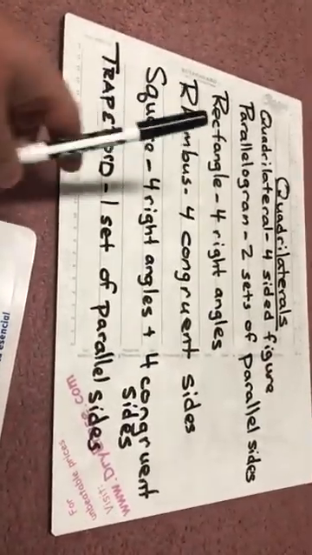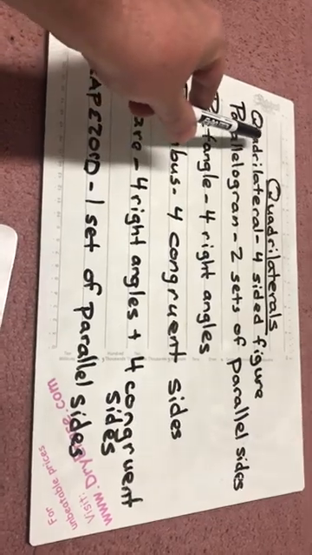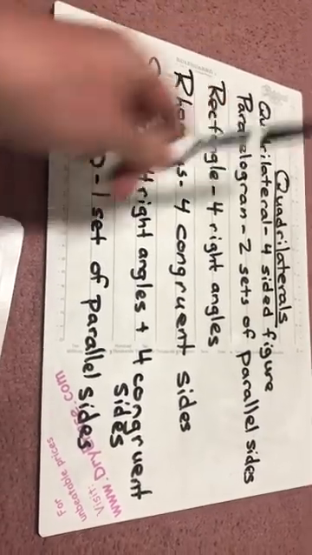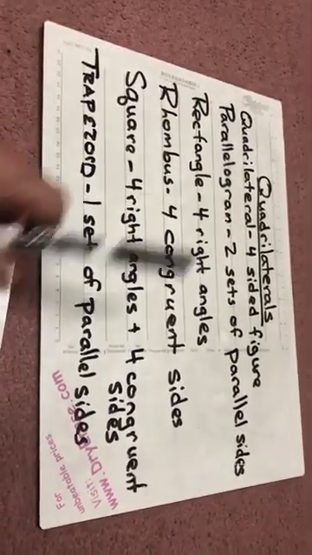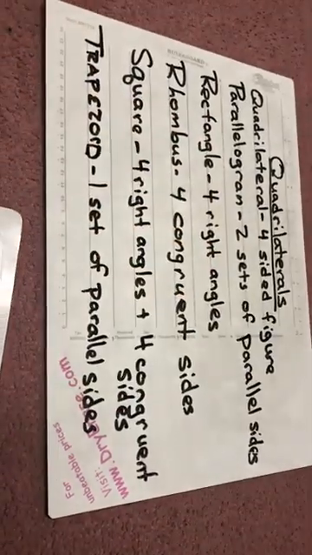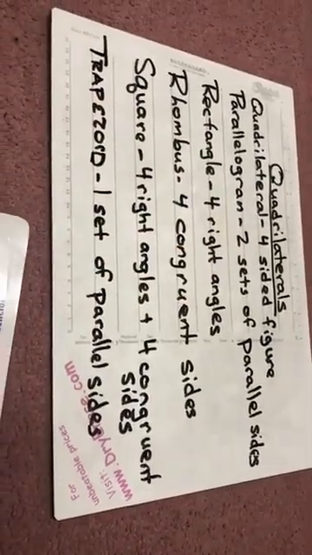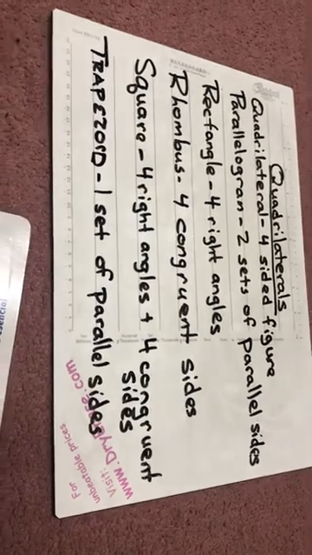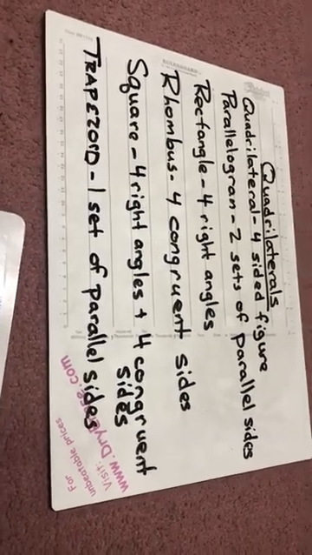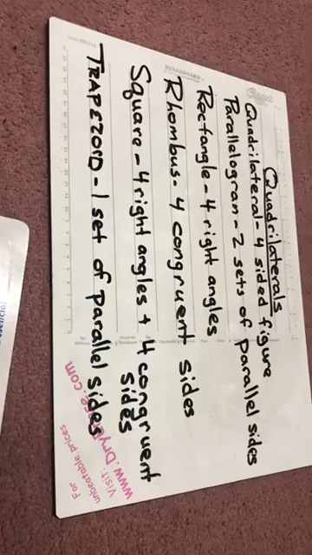We have 6 different types of quadrilaterals that we're going to talk about today. And the first one is just what we refer to as a general quadrilateral. Any figure that has 4 sides, as long as it's closed, it's not some weird figure just with 4 lines. It has to be a closed figure, is considered a quadrilateral.